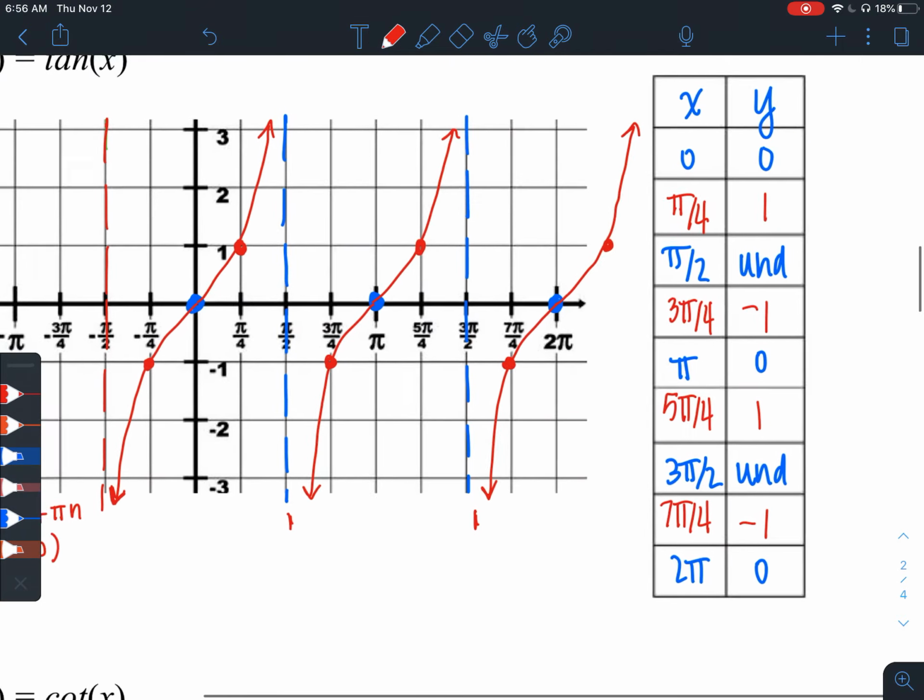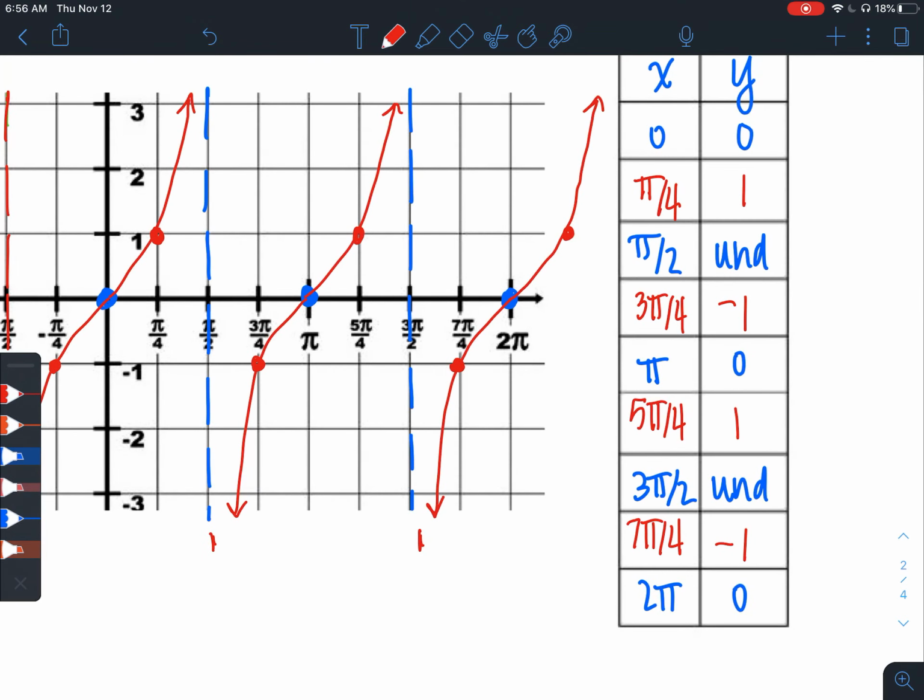So here at pi over 2, this is pi over 2 plus pi times 0. Here we have pi over 2 plus pi times 1. So that is how we do our counting.